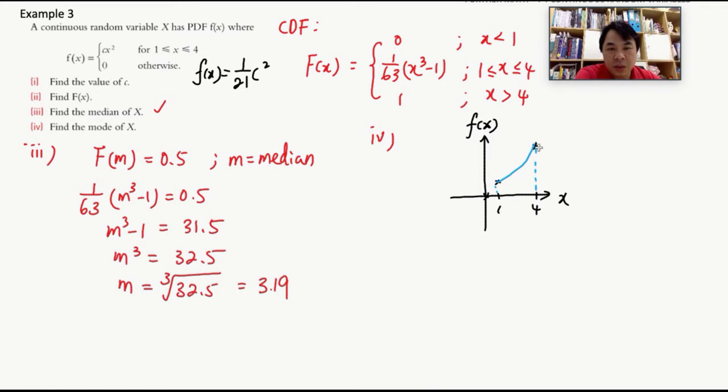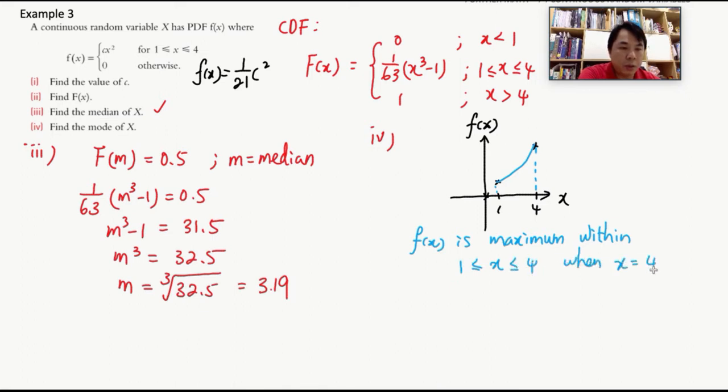From this function you can quickly discover that the highest frequency is found when x is equal to 4. So we found that f(x) is maximum within the domain x between 1 and 4 when x is equal to 4.